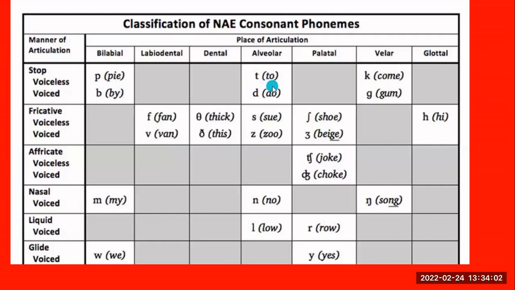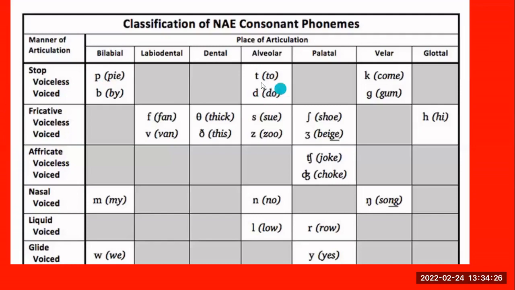Now, one thing that is common about the stops or the plosives is that there's a complete obstruction of sound. When you say pie, the two lips come together, closing the mouth. Then there's a sudden release, and that is why it is called a stop or plosive. That's what happens in alveolar.